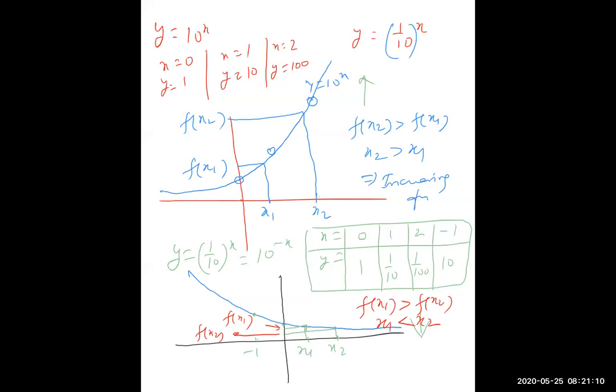Or in simple words, if x1 is greater than x2, two cases will be there. Case 1: f(x1) is greater than f(x2). This implies x1 will be greater than x2 for an increasing function, and x1 will be less than x2 for a decreasing function. The basic idea is that for decreasing functions, the inequality changes.